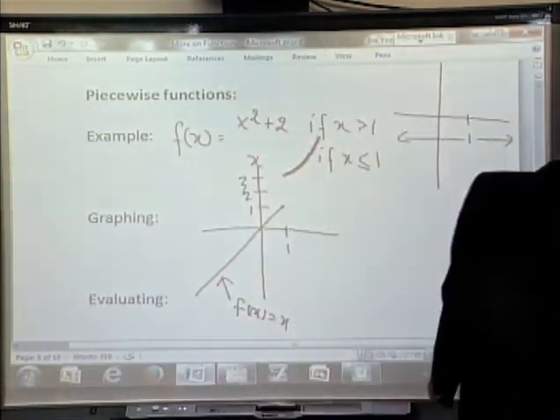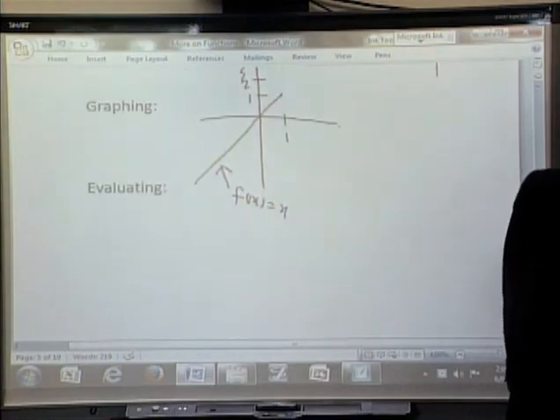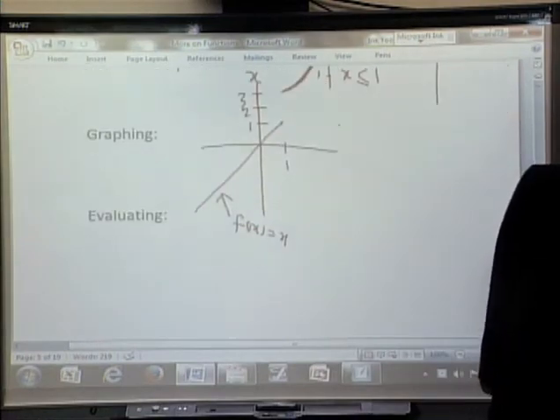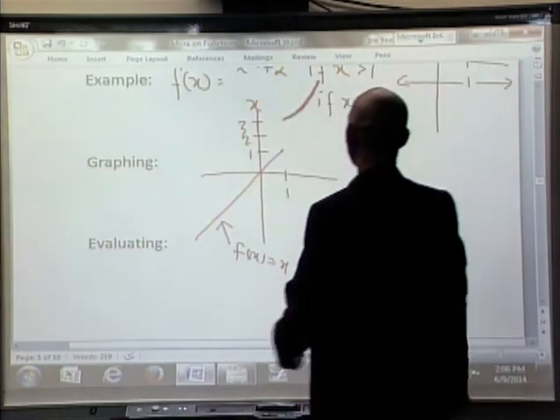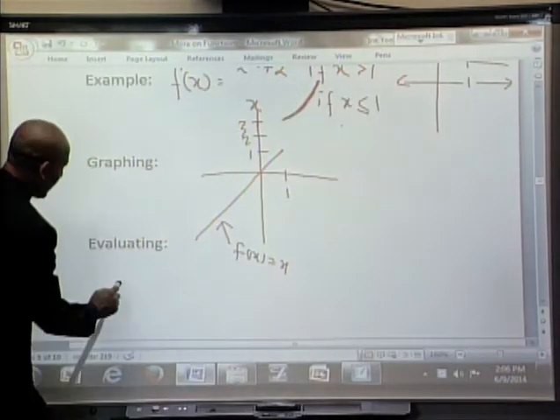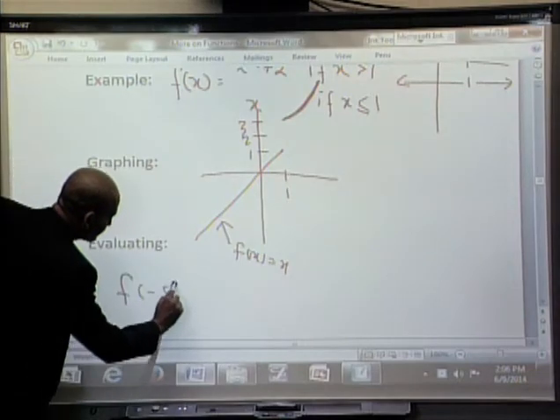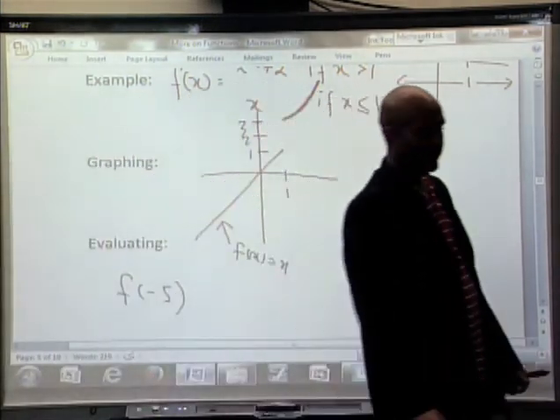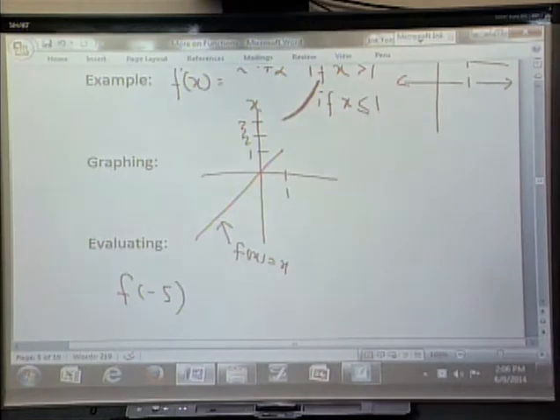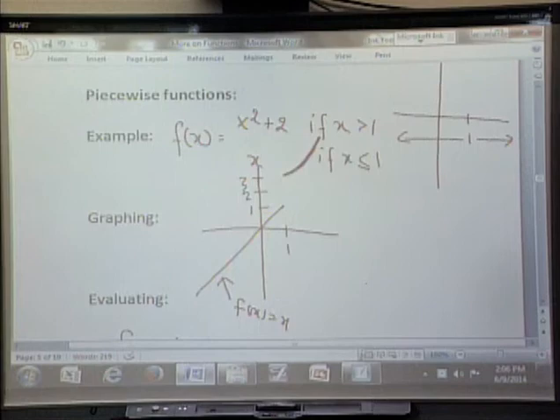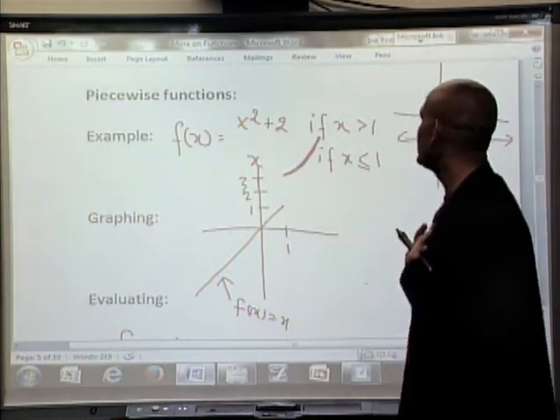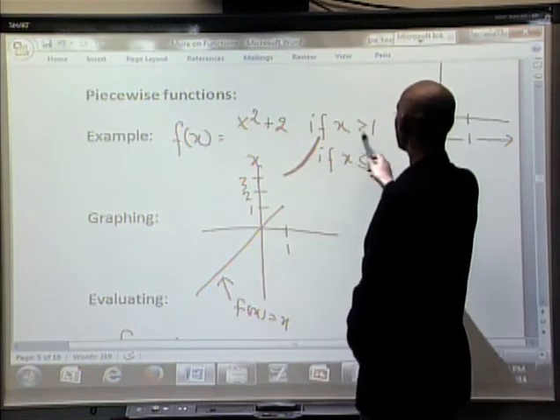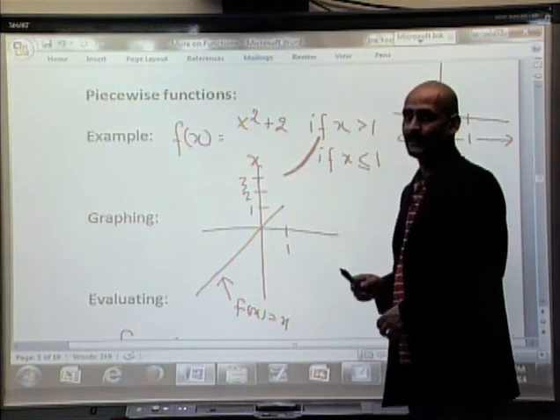Another thing we need to know is how to evaluate. Now suppose for the same function, suppose we want to find how much is, for example, f of minus 5. If I want to find f of minus 5, the first thing I need to ask myself is, is minus 5 bigger than 1 or less than 1?